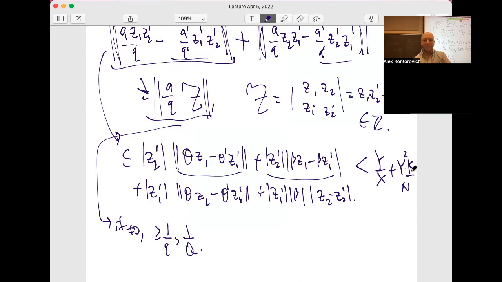Now, let's look here. We have this y squared over nk and a y over x. And we want something that could be as small as n to the 1/2. In fact, we can do a little bit better here because remember that k times q is at most n to the 1/2. So 1 over q is at least k over n to the 1/2.